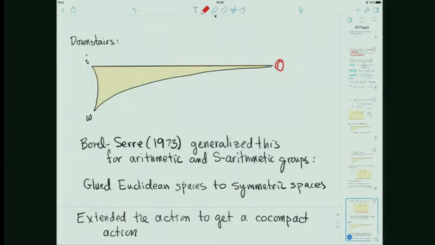And what they did is they took symmetric spaces and they glued on Euclidean spaces. And then they showed that the action always extends. And after you glue on all these Euclidean spaces, you get something that's co-compact.